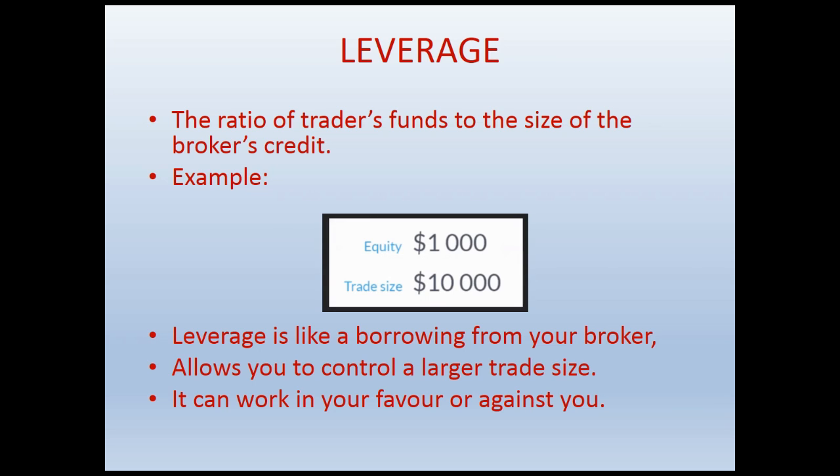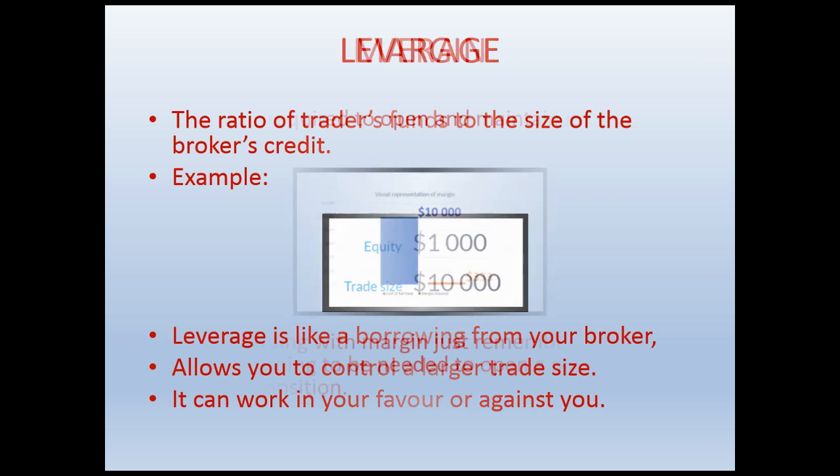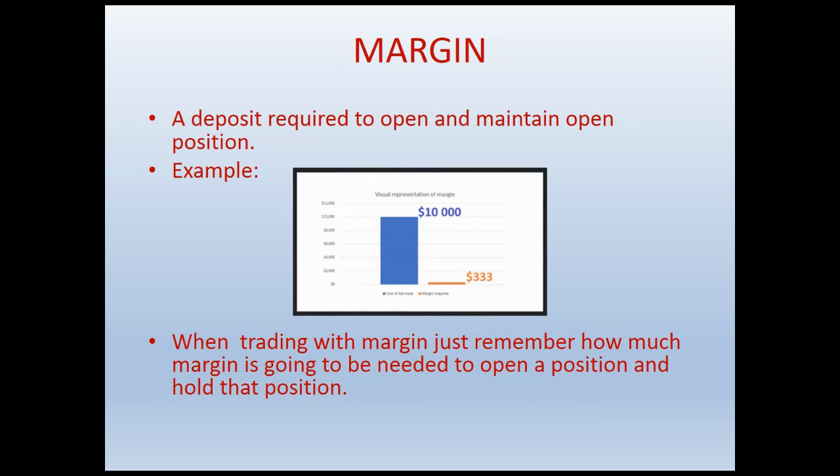So it can work in your favor or against you. Don't get too excited, because you can gain more using that leverage, or you can lose more when using that leverage.